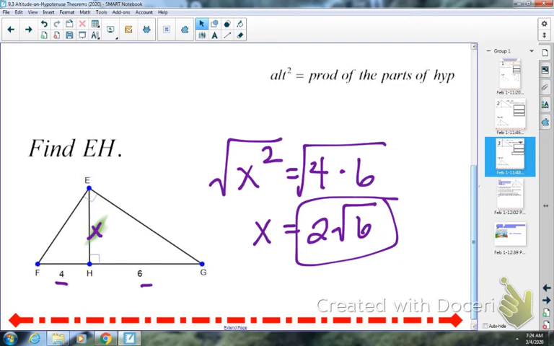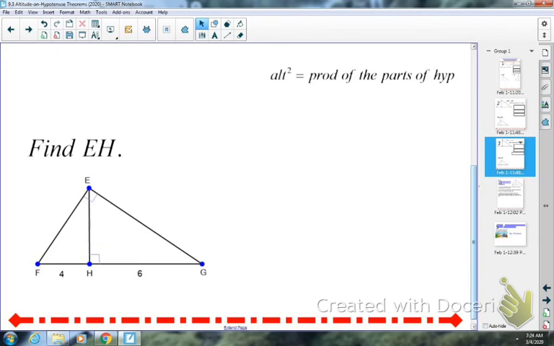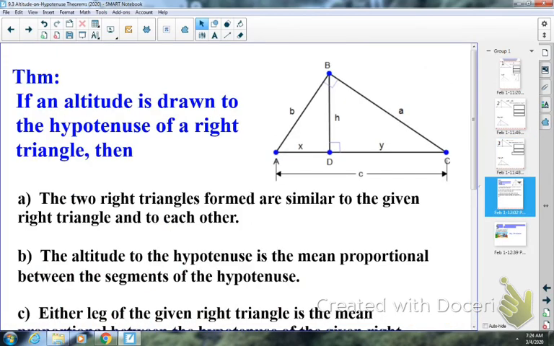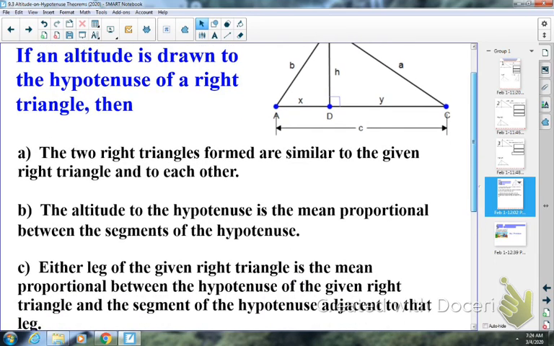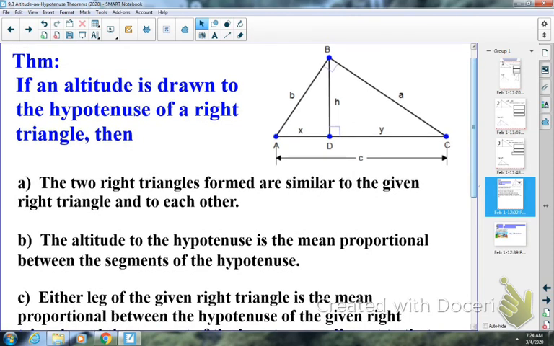So what we're going to focus on today, and then we'll practice a few more tomorrow, are these different theorems, these concepts. These are theorems that we discovered looking at the corresponding sides, but now wrapping it up in terms of words. If an altitude is drawn to the hypotenuse of a right triangle, then the two right triangles formed are similar to the given right triangle and to each other.